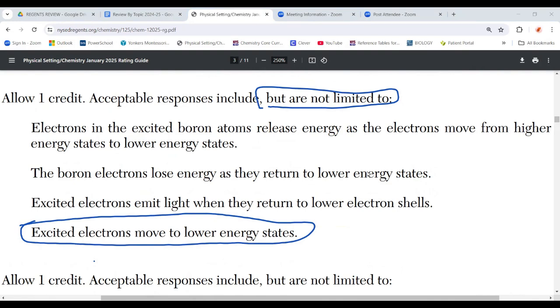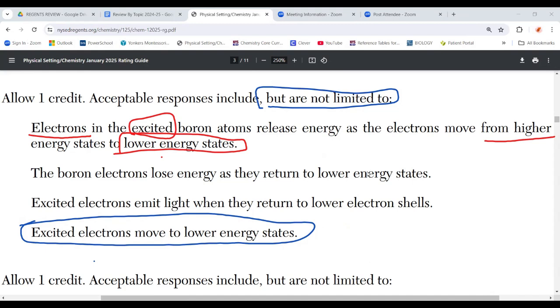but notice that in every single one of these, they absolutely made sure that they used the words electrons, they used excited and higher and lower energy states, because the question specifies they have to talk about both of those things.